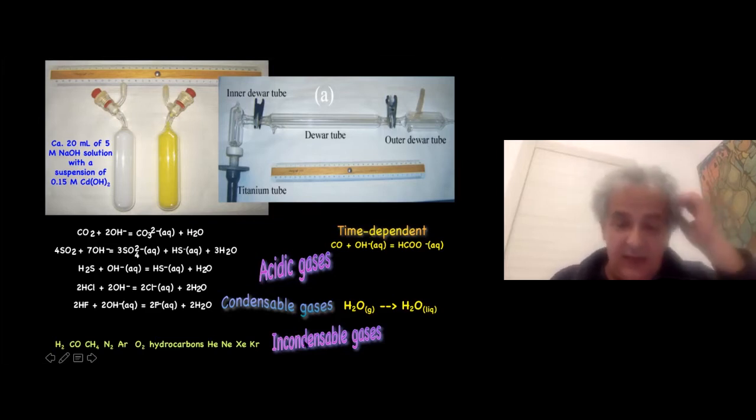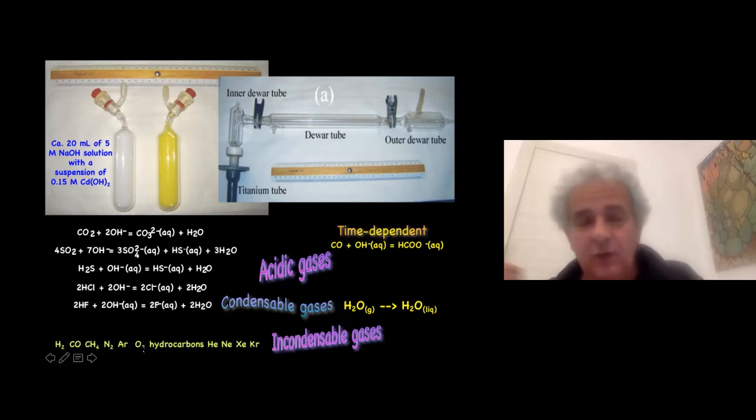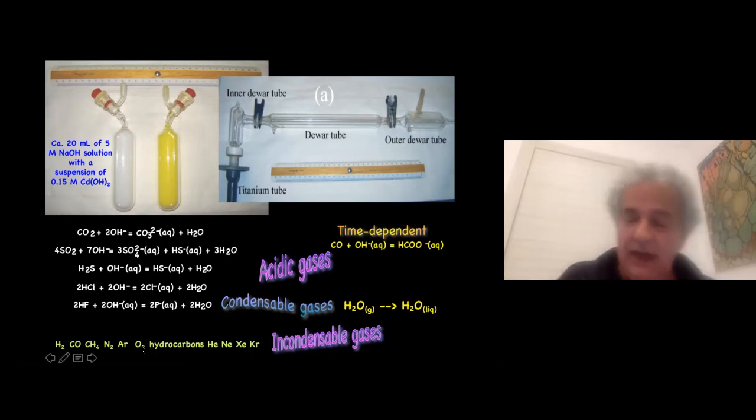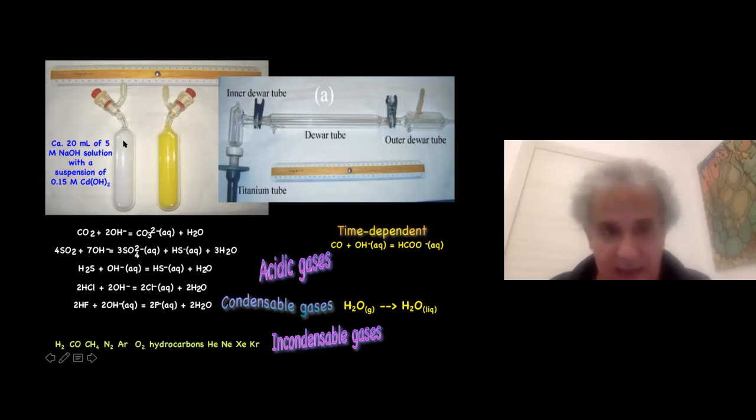Then we have the so-called uncondensable gases: hydrogen, methane, nitrogen, all the noble gases, hydrocarbons, because they do not react with the alkaline solution, and basically they tend to be enriched in the headspace of this gas vial.